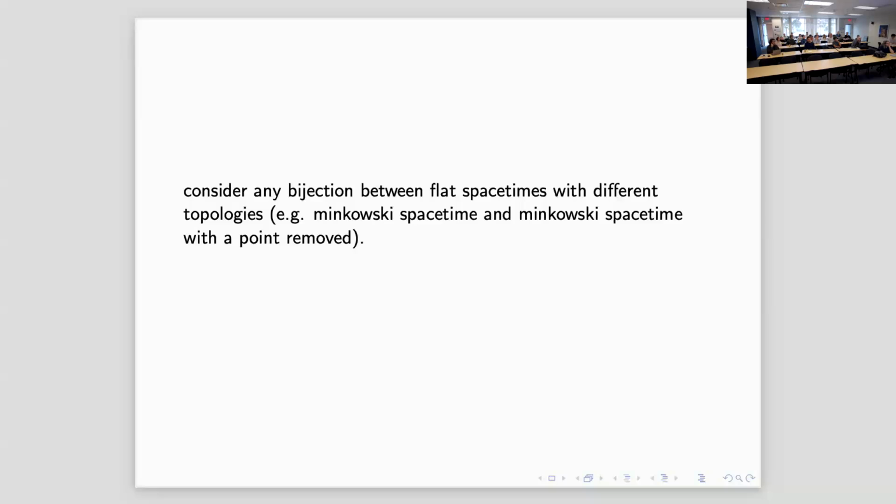Because there is a local isometry from any point in the one spacetime to any point in the other spacetime, we know that the curvature structure at those two points has got to be conserved. And so it doesn't matter what that bijection looks like, the curvature structure will be preserved, and so these spacetimes have the same curvature structure. This is a curvature isomorphism. But of course, we chose our spacetimes to have different topologies, so we know that this bijection cannot be a homeomorphism, let alone a diffeomorphism.